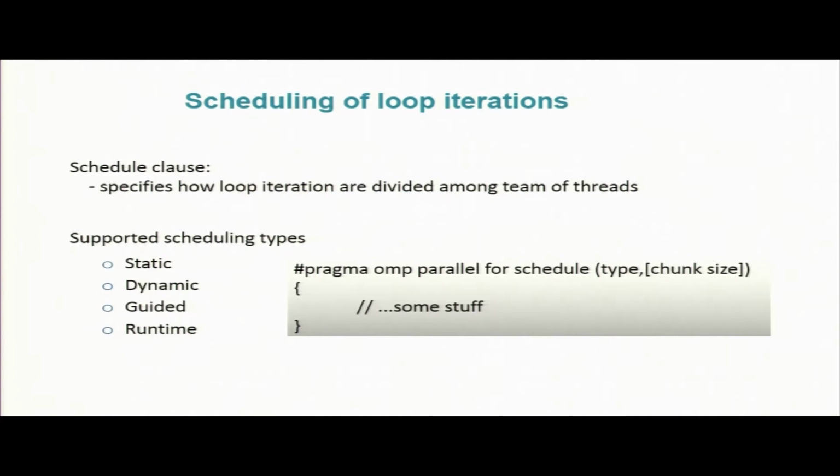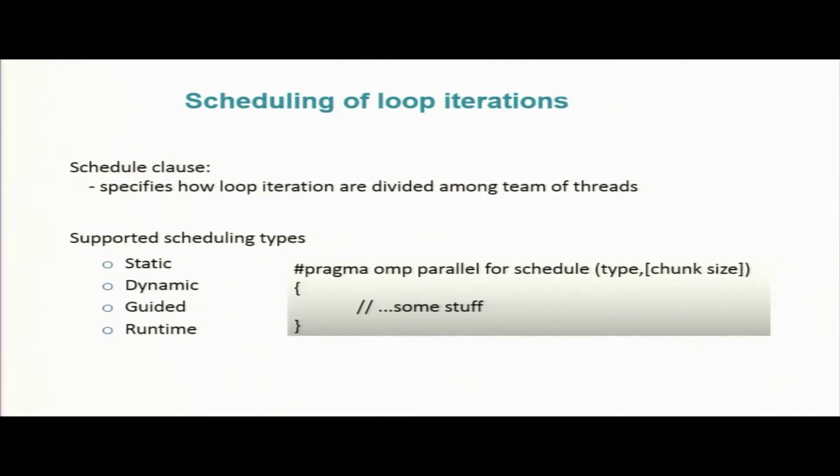Then when we say parallel for, our loops or iterations are divided across threads, but how are they allocated to different threads? That also has several policies, which we can control. So we call it scheduling of loops. We have four scheduling types, like static, wherein we know prior what iterations would go to what threads.